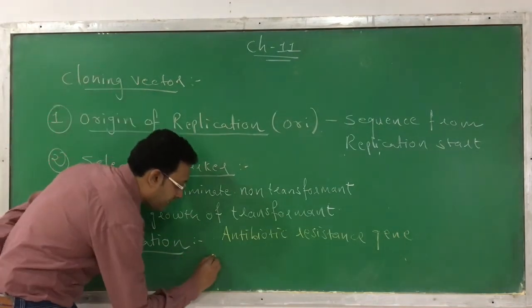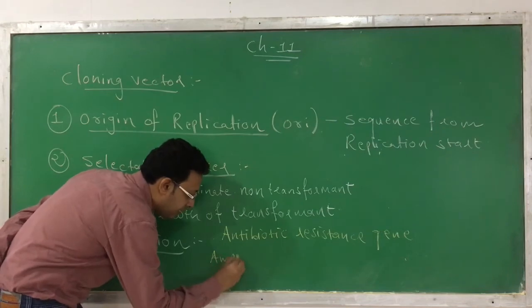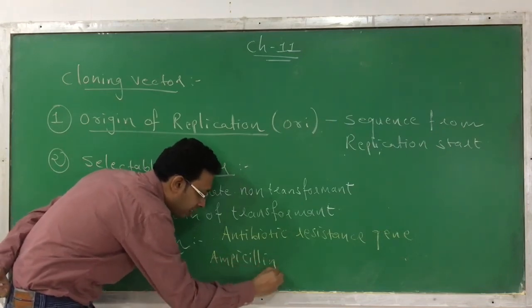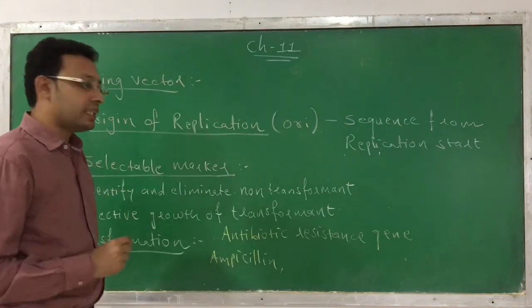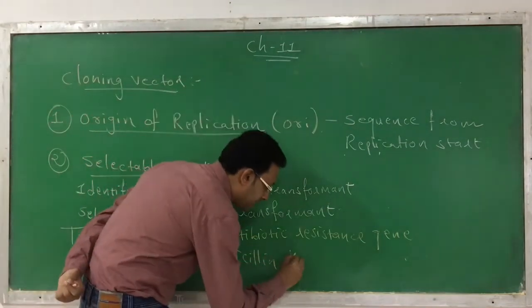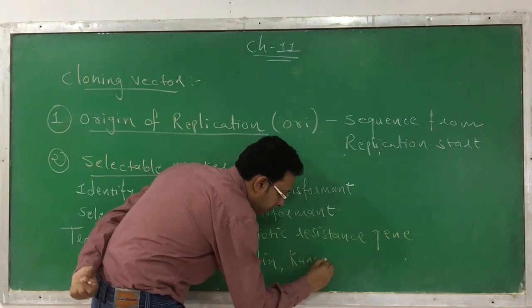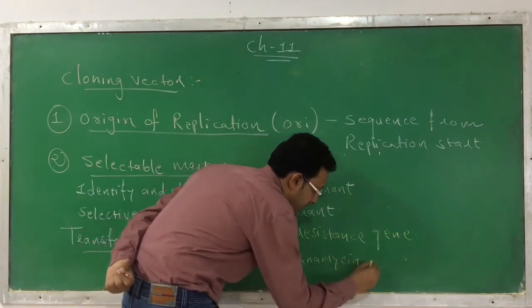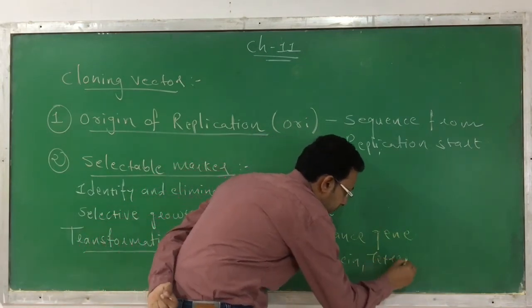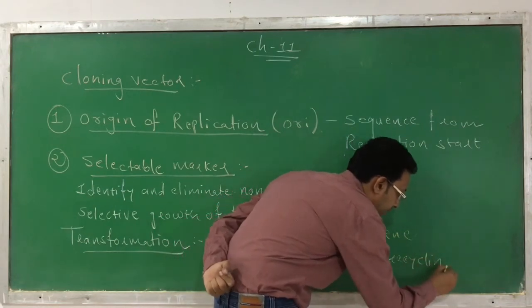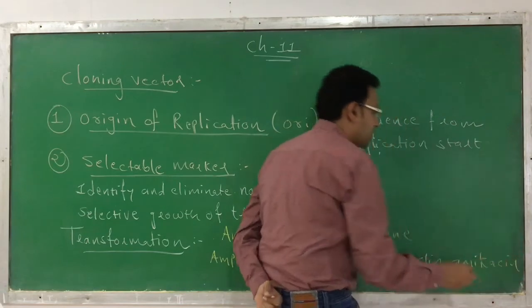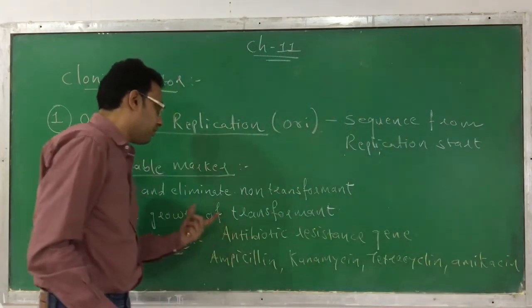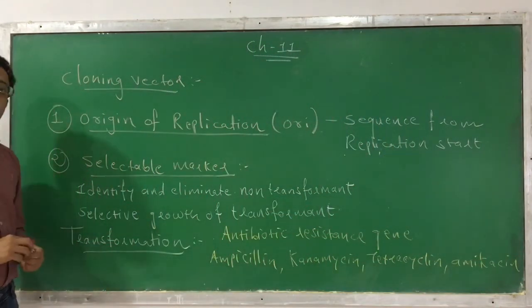Like which antibiotic resistance genes? Ampicillin, these are the names of antibiotics. Their resistance genes are selected as selectable markers: ampicillin, kanamycin, tetracycline, or amikacin. These antibiotic resistance genes can act as a selectable marker.